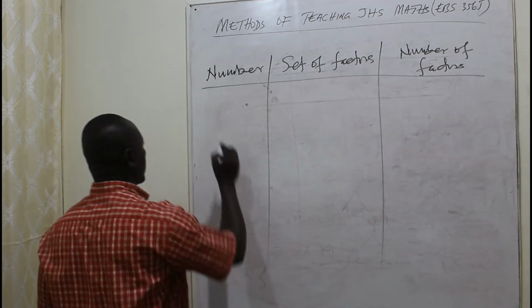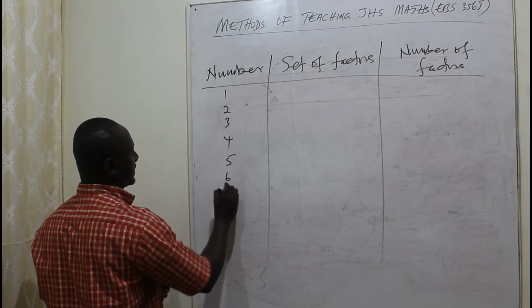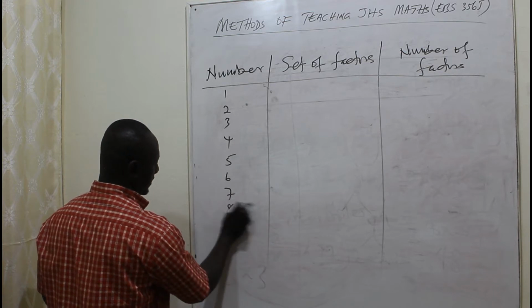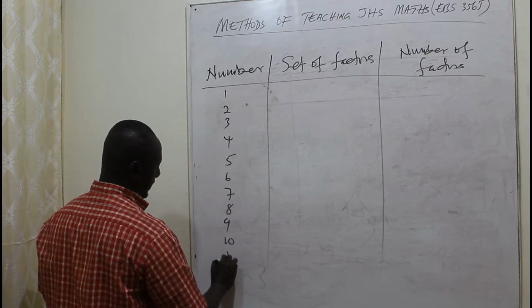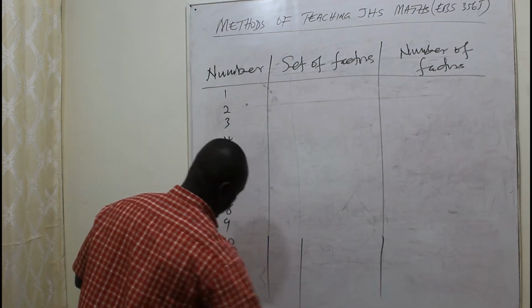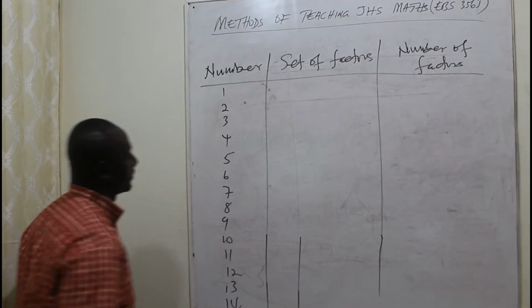So I'm going to list numbers from 1 to 12: 1, 2, 3, 4, 5, 6, 7, 8, 9, 10, 11, 12. You can also continue from there, maybe 13, 14, if you want to.